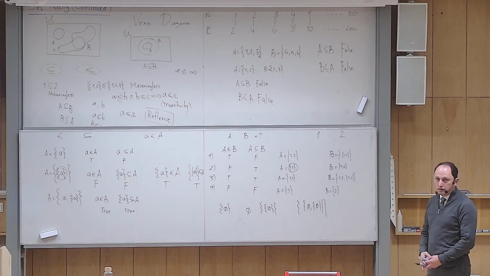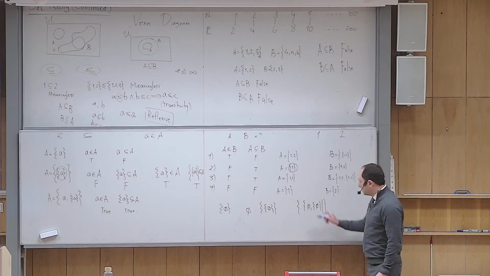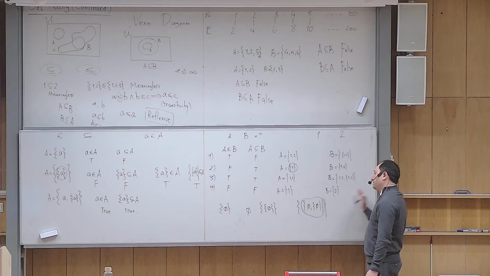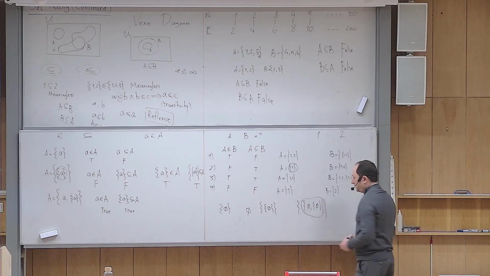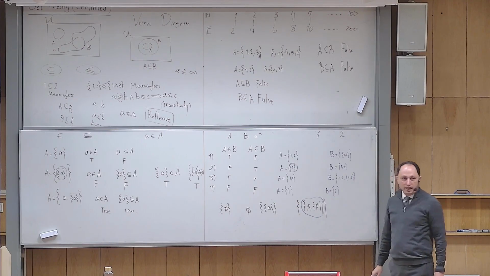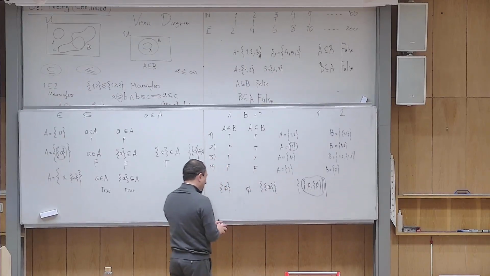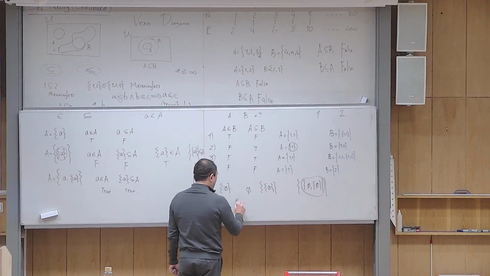It's still 1. What is the element of this set? The element of this set is this one. So you take one curly bracket from here and there, and then what is left, they are elements. So the cardinality of this set is still 1. So, for example, I have this.